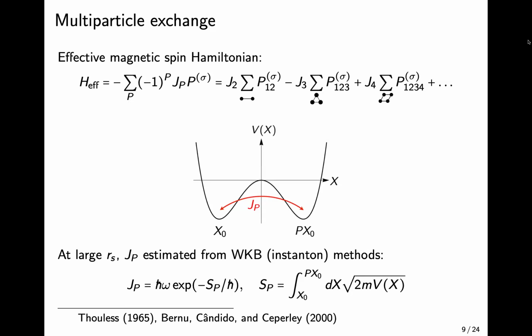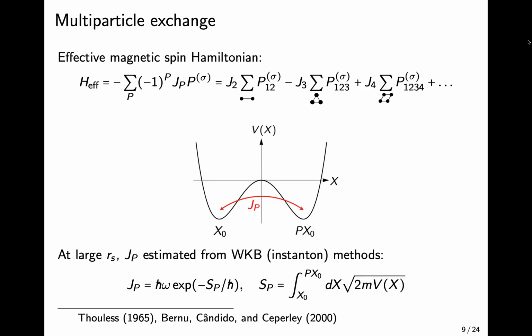In that approximation, this exchange coupling or tunnel splitting has this standard WKB form. There's a prefactor h bar omega, where omega is some characteristic frequency associated with vibrations in this well. But the more important dependence is in this exponential, e to the minus action over h bar, where this action S sub P is the imaginary time classical action associated with the process that effects this permutation.